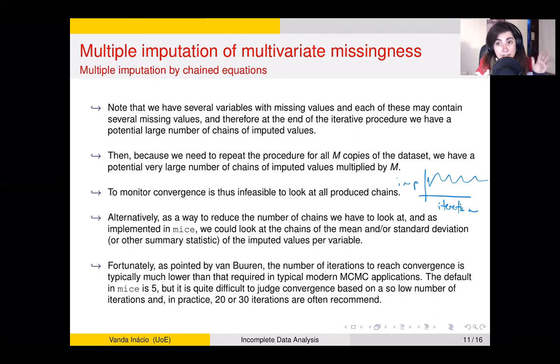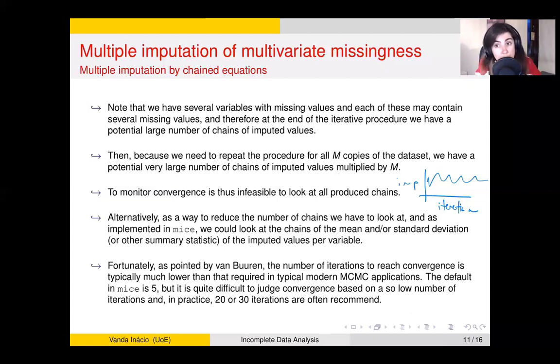I look at the mean and the standard deviation, for instance, of the chain of the imputed values for each copy of the dataset that I have made. And I'm saying the mean and the standard deviation, but we can use other summary statistics. This is what comes by default in the package mice. You can customize it to look at different summary statistics, but in general, it will be fine.